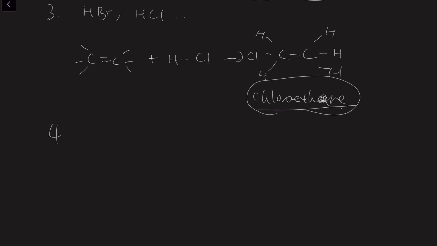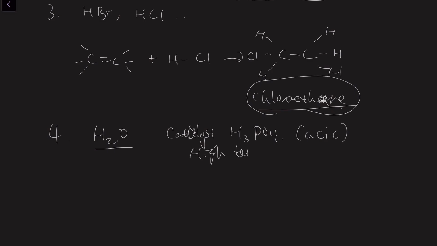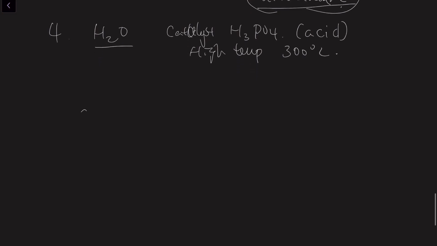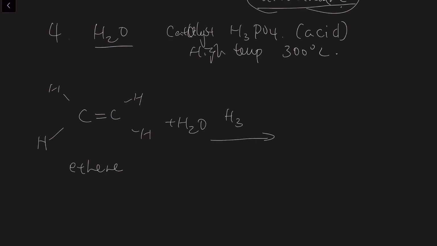You can also add H2O, you can also add water, but this requires a catalyst of H3PO4. So this is also an acid, and at a high temperature of around 300 degrees. So the reaction looks like this. Still have ethene. You add H2O with catalyst H3PO4.